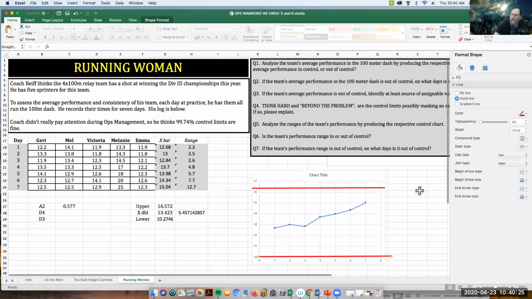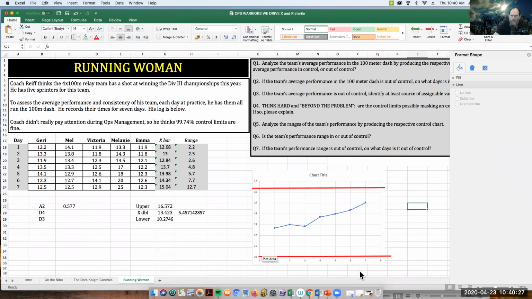Okay, so Ellie, is my process for mean performance in control or out of control? In control. Okay, because I don't have any points above the upper or below the lower. So it is in control for mean performance, for average performance.